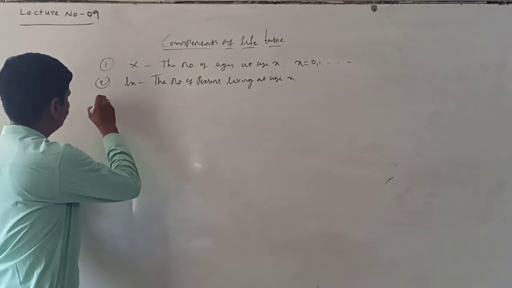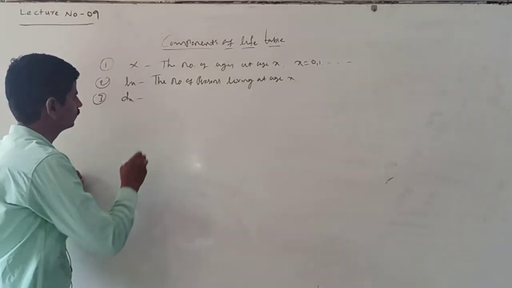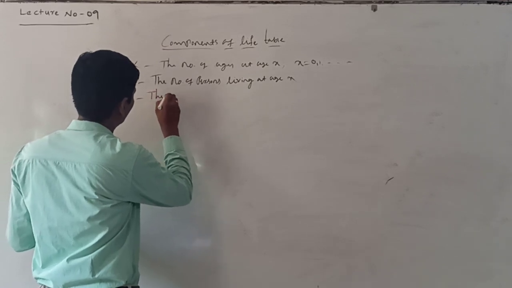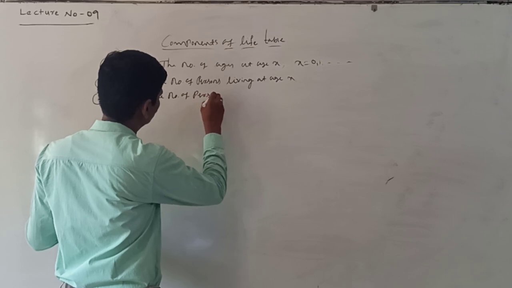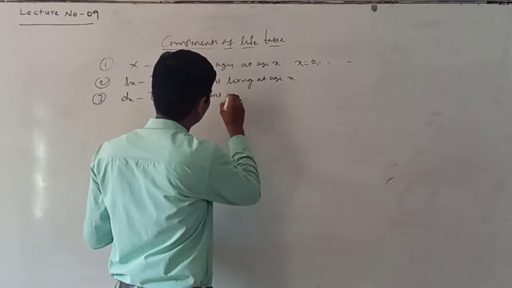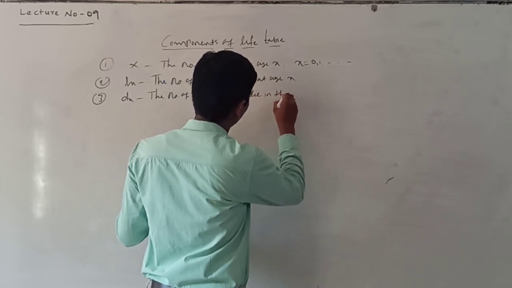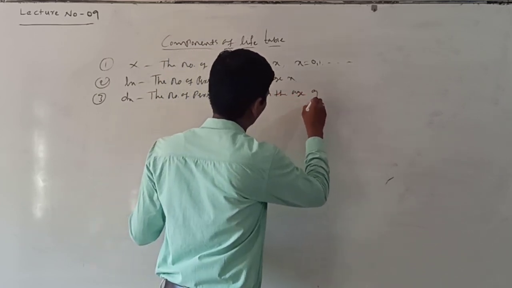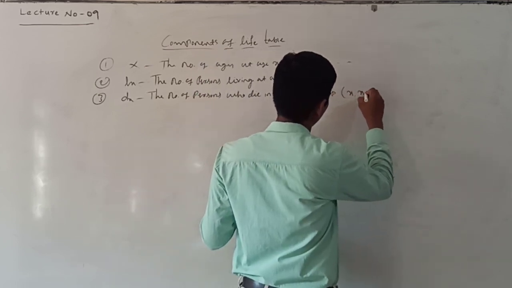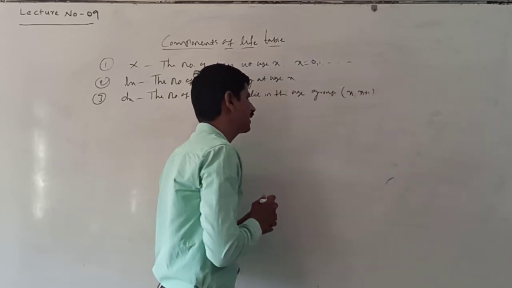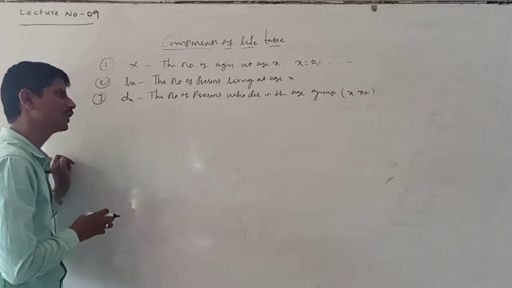The next, third one, small dx, is the number of persons who died in the age group x to x plus 1.